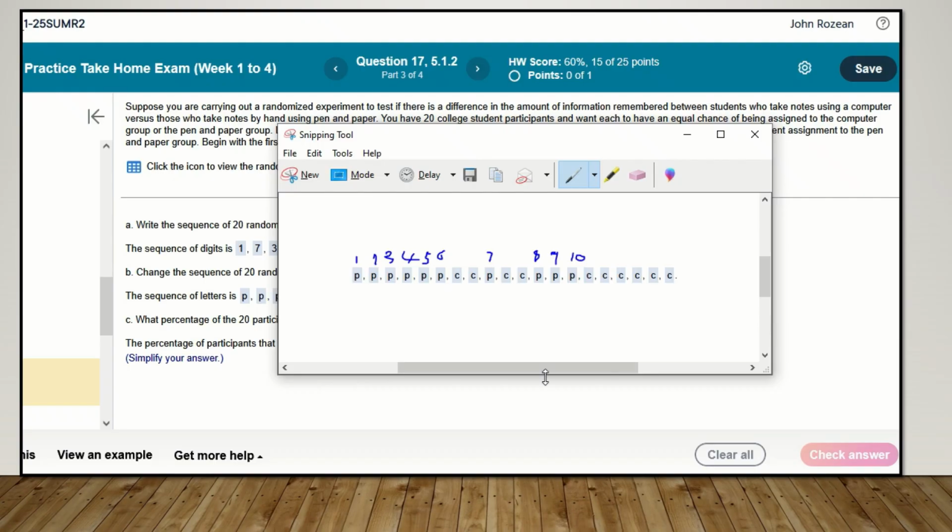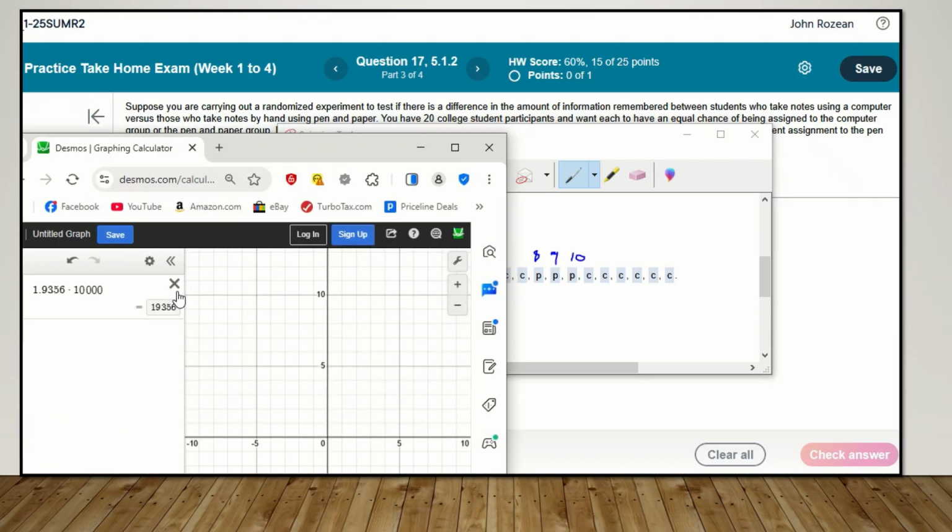That means, right, let's bring up Desmos. If our P, and then don't get this confused with the proportion, if our P is 10 and our N is 20, our computer should be N minus the P. So we should have 10 and 10 here.